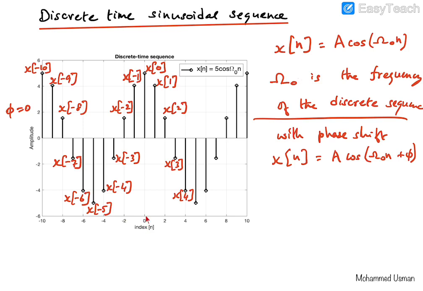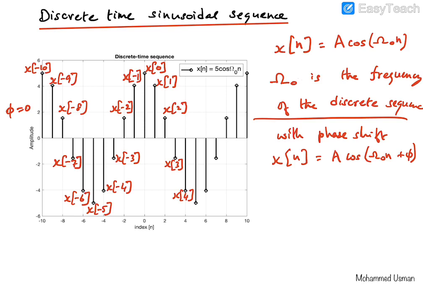Or if the 0 axis comes here, that means the sequence has been shifted to the left by 2. So we'll be illustrating these operations with examples later. But what I want you to get clear in this lecture is how we represent continuous time signals and discrete time signals, and what the notation for their representation is.